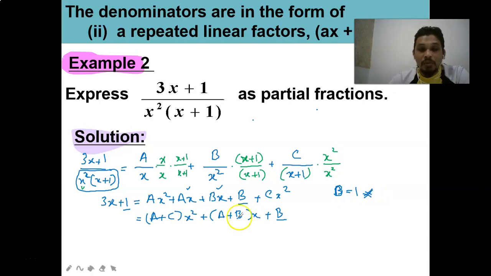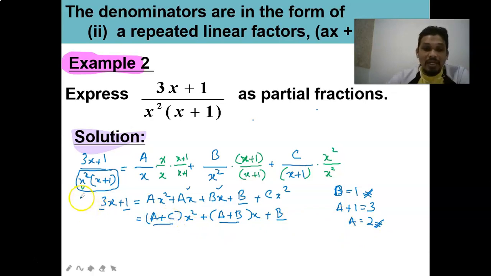When b equal to 1, so let's now compare this a plus b, the coefficient of x, with 3. So then a plus b, with b equal to 1, equal to 3. Then a equal to 3 minus 1 equal to 2. Okay, and then with a equal to 2, we're going to find out what's the value of c here.